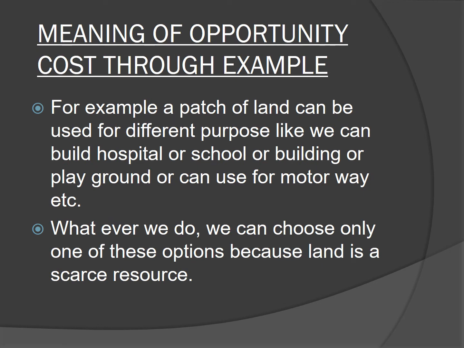For example, a patch of land can be used for different purposes, like we can build a hospital or a school or a building or a playground, or use it for a motorway, etc. Whatever we do, we can choose only one of these options because land is a scarce resource.